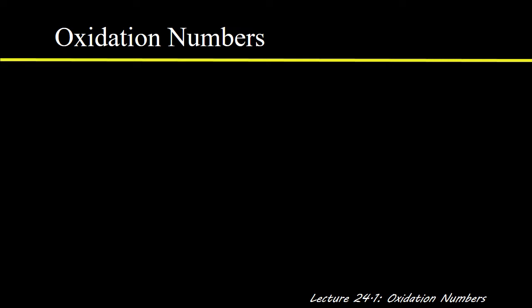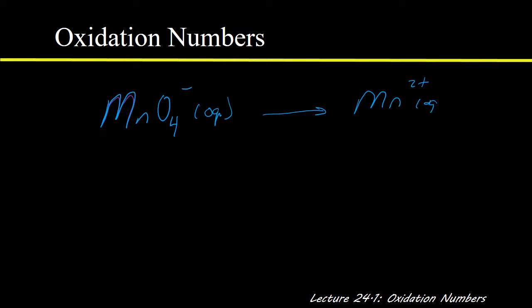And so if we look at a case like permanganate going to manganese 2 ions. Right? This is also a reduction process, and the manganese here is gaining electrons.